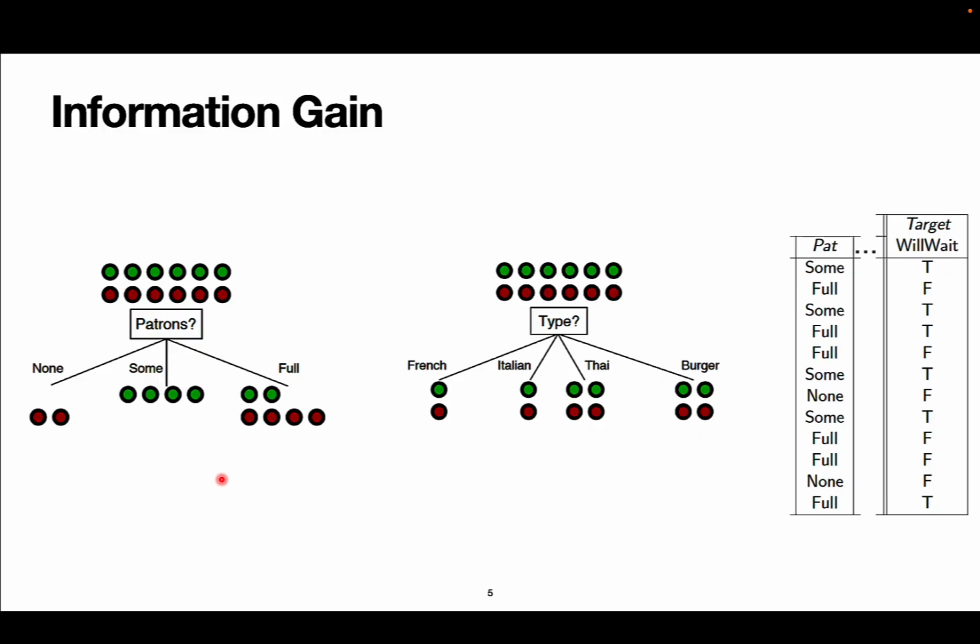Now, information gain is the difference between the entropy of the dataset before the split and the weighted average of the entropies of all subpopulations after the split.